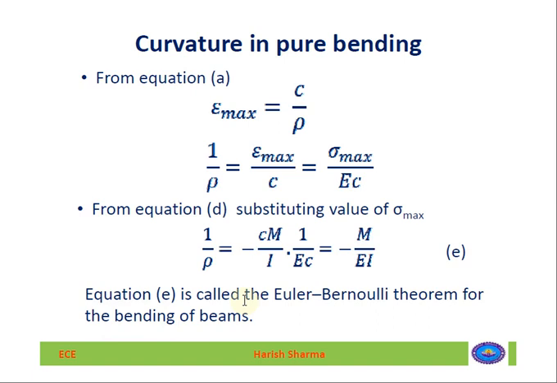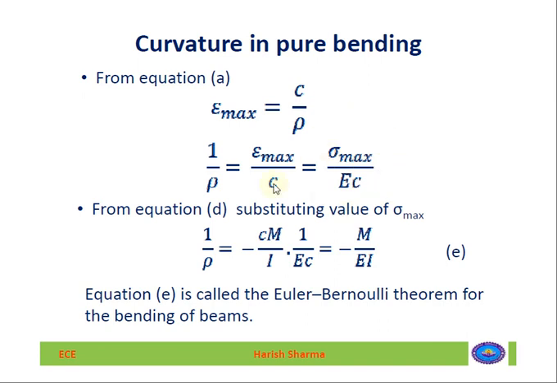From the previous equation we have already written that epsilon max equals C by rho. So we can write 1 upon rho is equal to epsilon max upon C. Epsilon max is equal to sigma max upon E, by Hooke's law.